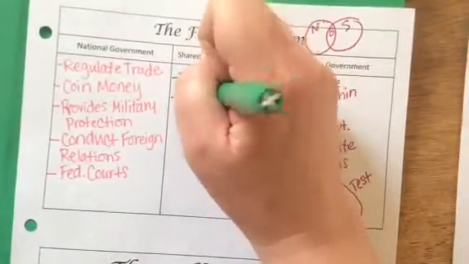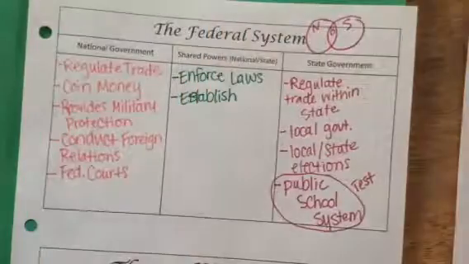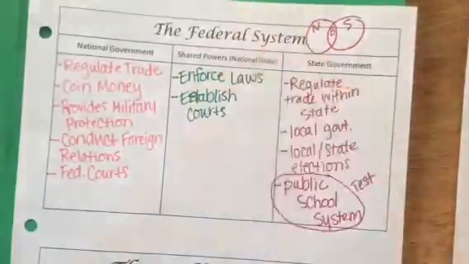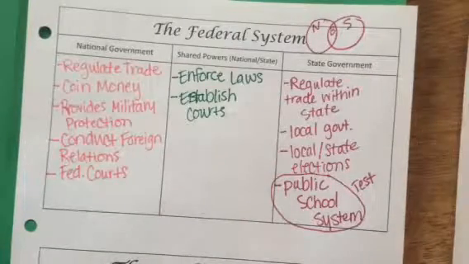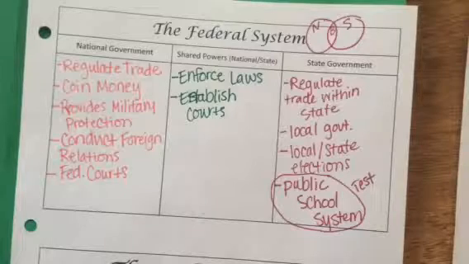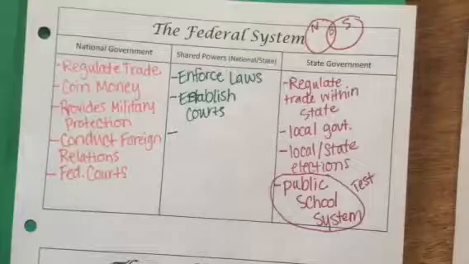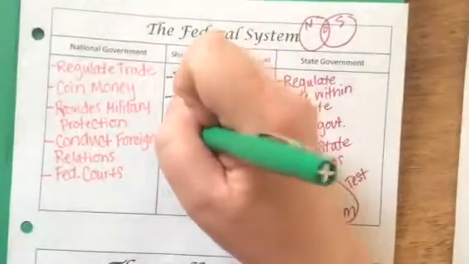They can also both have the right to establish courts where people can be tried in civil or criminal cases. Criminal cases involve law breaking. Civil cases involve wrongdoing, where someone is hurt or something is damaged. Okay, so enforce laws, establish courts.